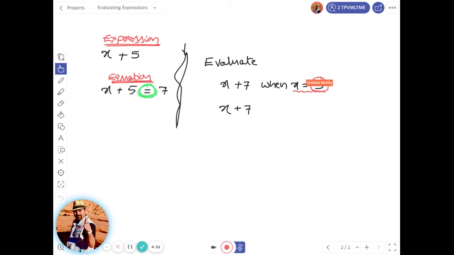So whatever the number is given, that number you have to substitute. You have to plug in the place of x. I repeat, the value of x is given as 5. Therefore, in the place of x, you take 5.